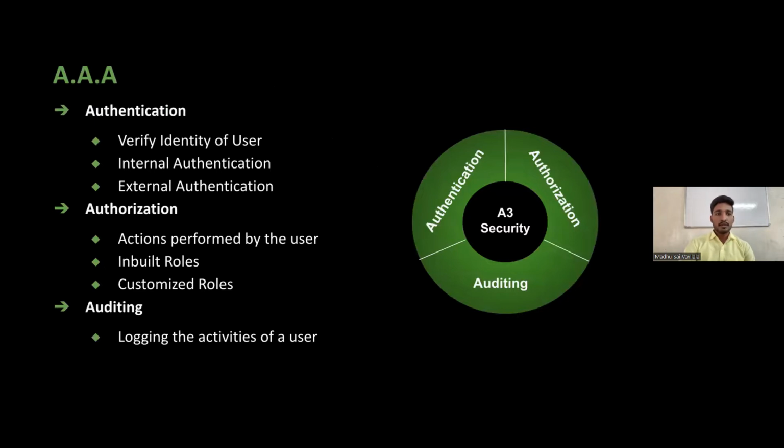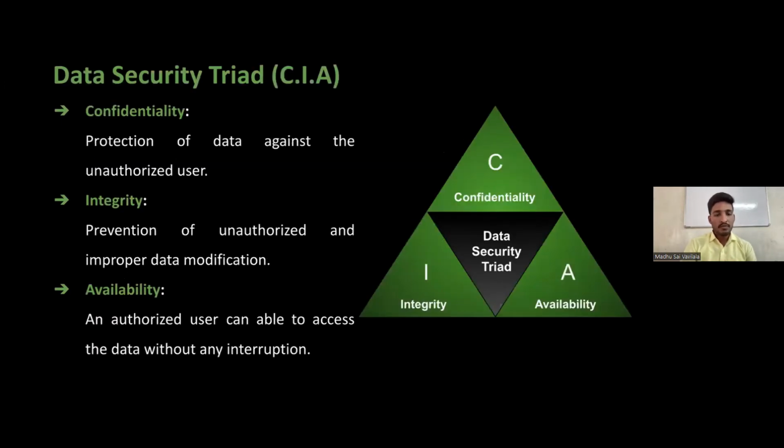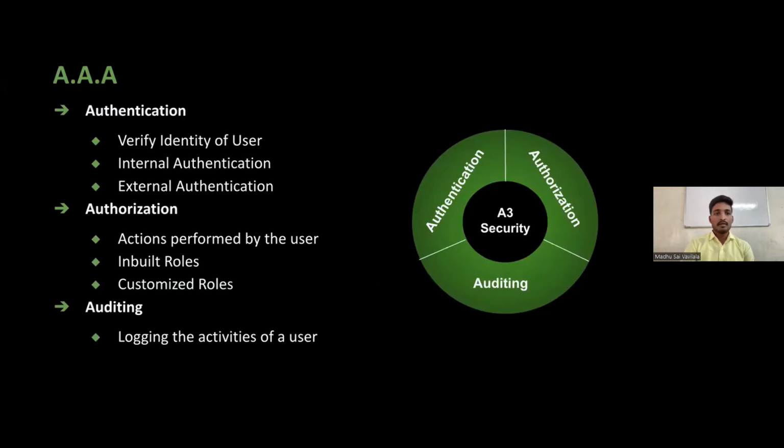AAA architecture: authentication, authorization, and auditing. Authentication verifies the user. It provides access to the valid user, which satisfies the concept of confidentiality in the CIA triad.